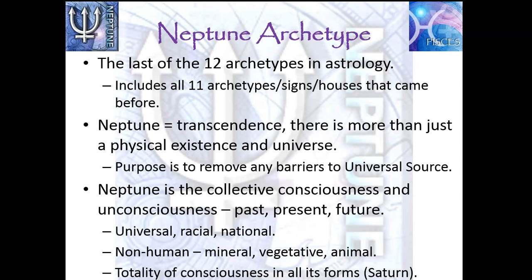And so Neptune, Pisces 12th house, as an archetype, is there to remove whatever barrier there is in connecting to source. So as Neptune goes retrograde in any sign, any house, and especially in its own sign, it's going to be dissolving wherever we have put up any barrier in our life, in our world, to have a one-on-one relationship to universal source.